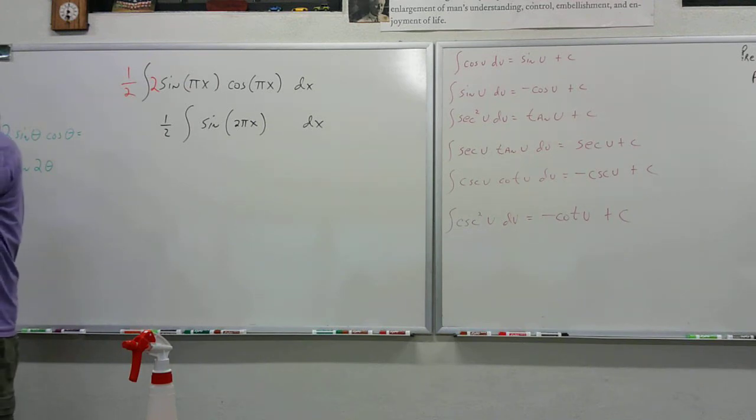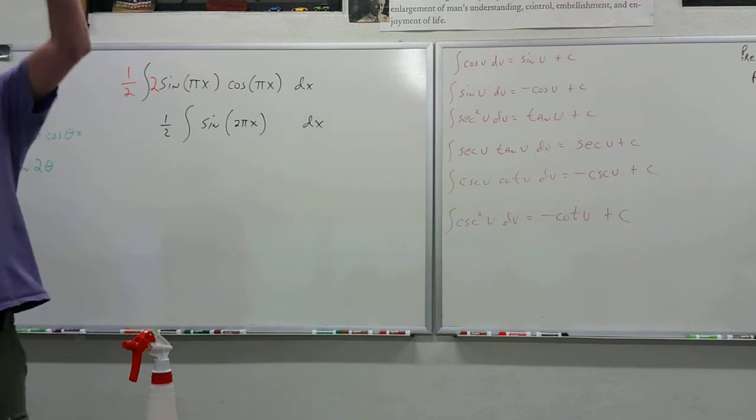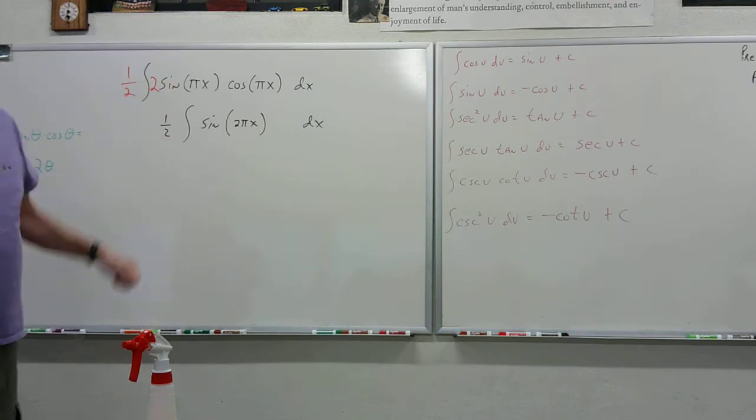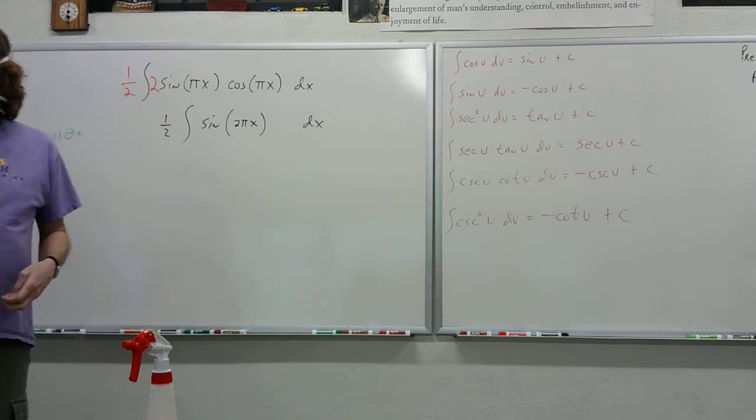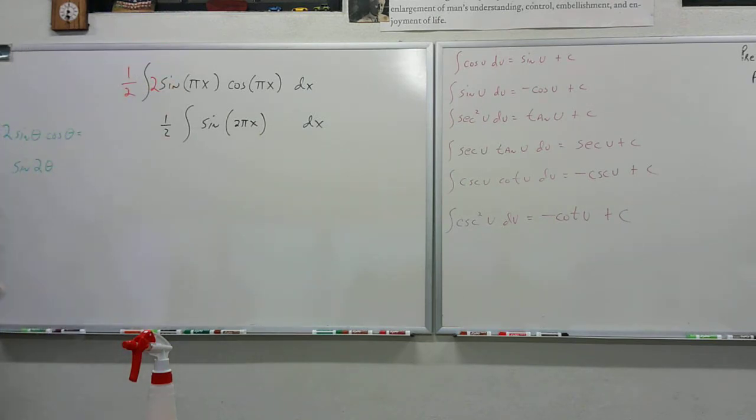Everybody hear that? And then, if that doesn't work, you're going to have to go to a step that we're going to get to eventually. But that's the first thing you want to try: see if it's one of the 10 rules, and if not, is there a trig identity that will make it one of the 10 rules?